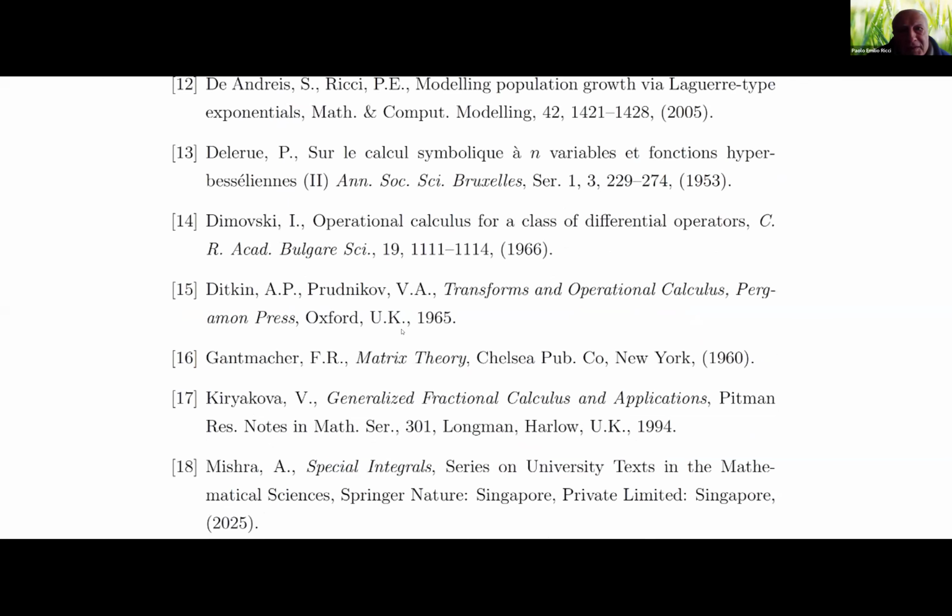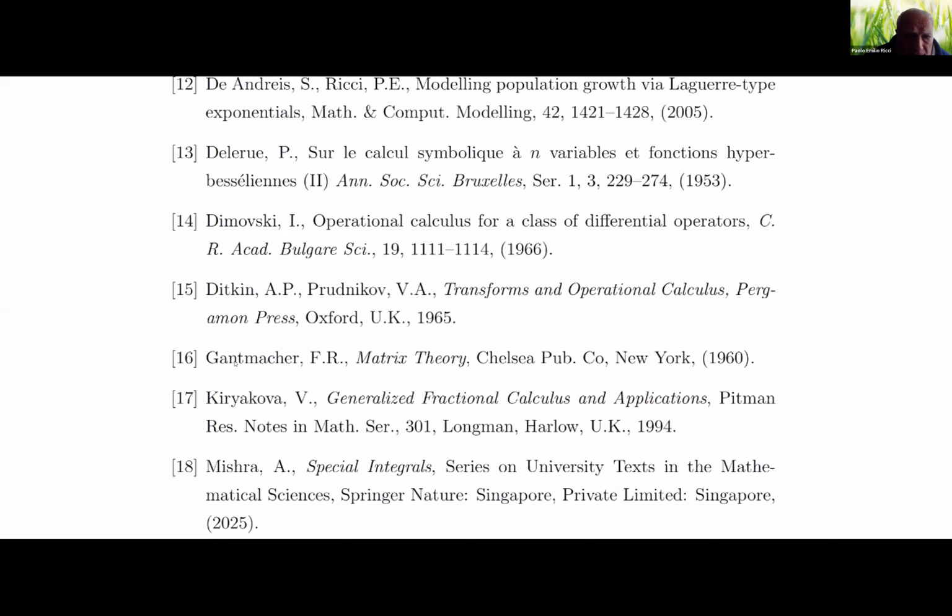And there is also some preceding work by myself and some students, in which the Laguerre-type operators are also considered, but in a somewhat different form.